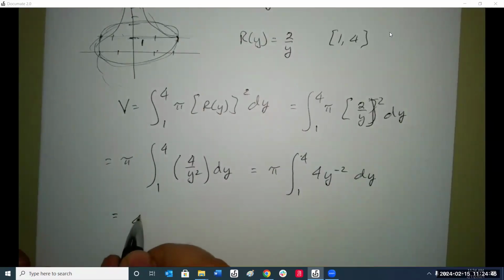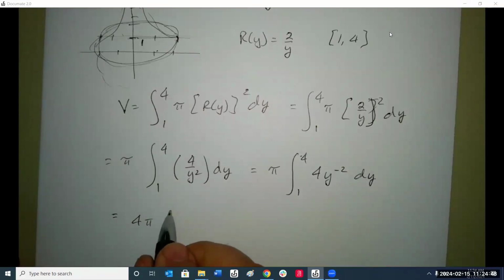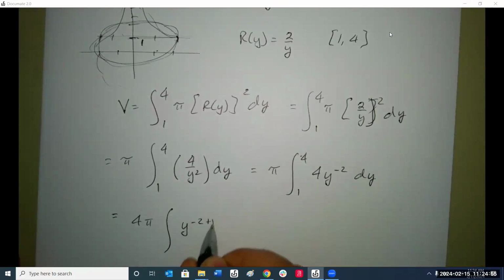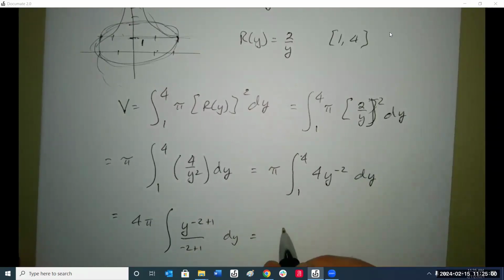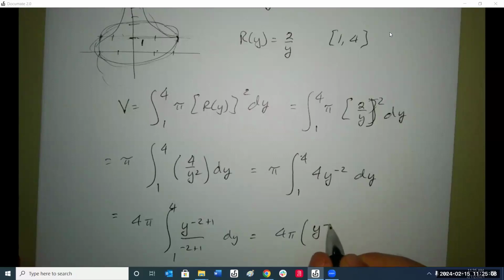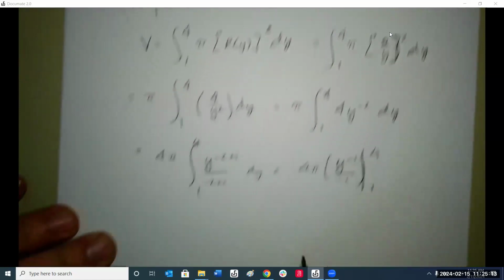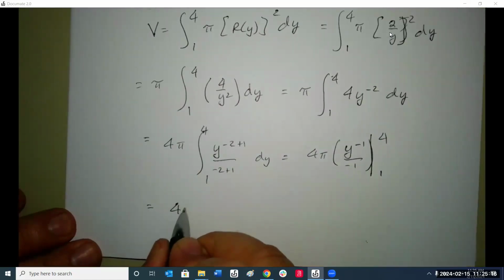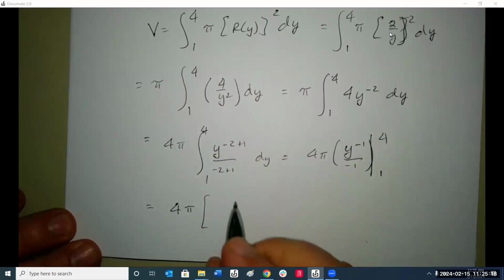Four comes out, so it's 4 pi. -2 plus 1 gives -1, so 4 pi from 1 to 4 of y to the -1 over -1, which is -1 over y.